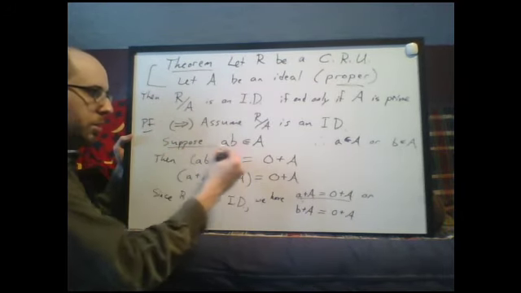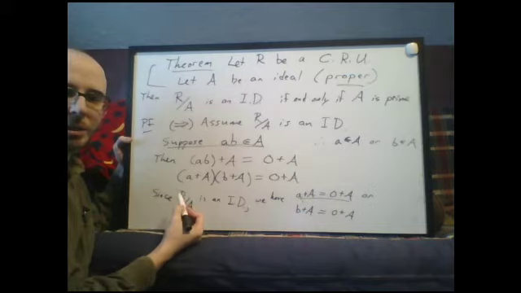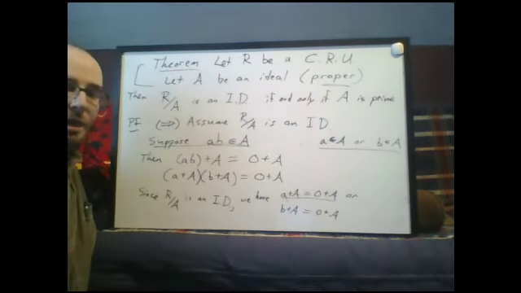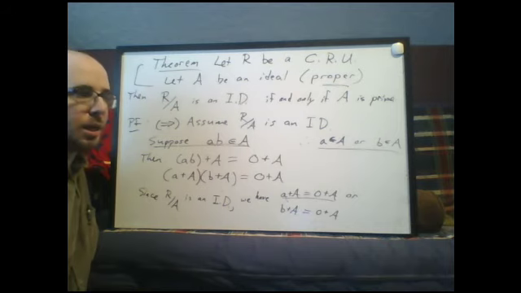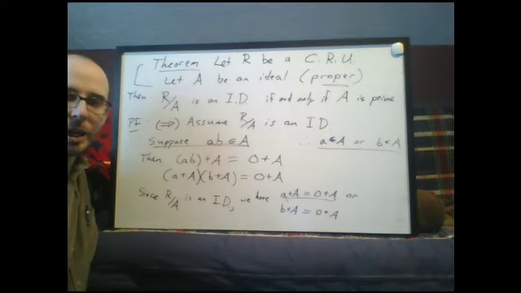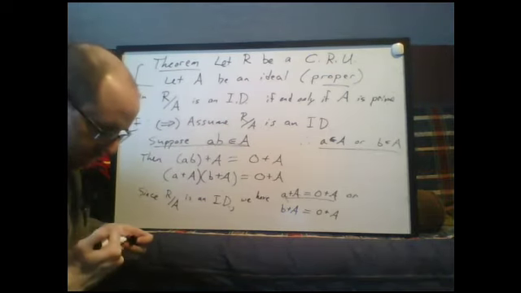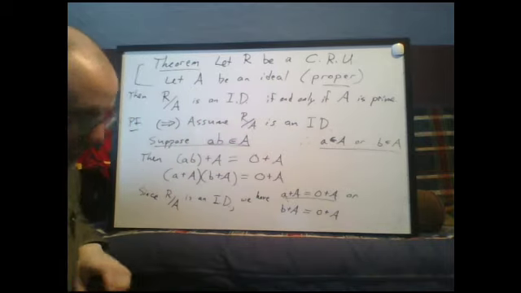So we assumed that ab was in A, and we were able to show that that implies either a or b is an element of A. That's the requirement to be a prime ideal. Okay, therefore A is prime.